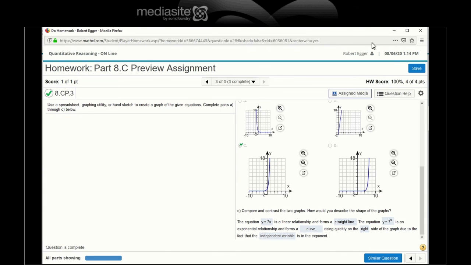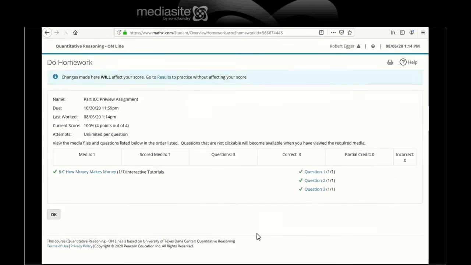And those are the questions. So now you have an idea how the questions work. Go back and do them yourself. Go back in the program, do them yourself.